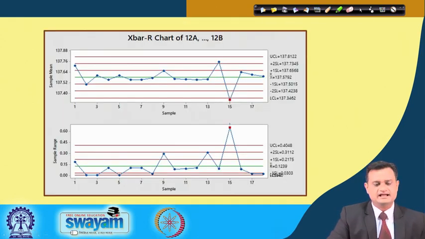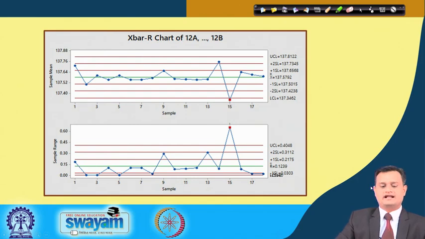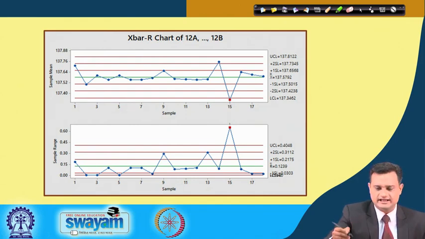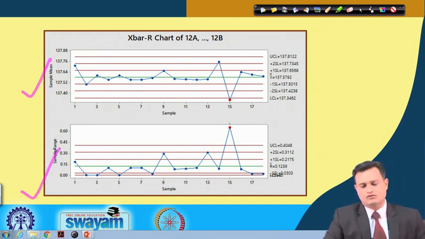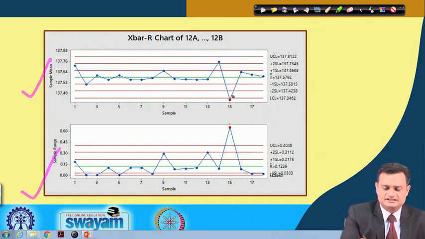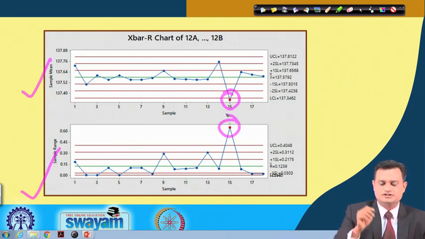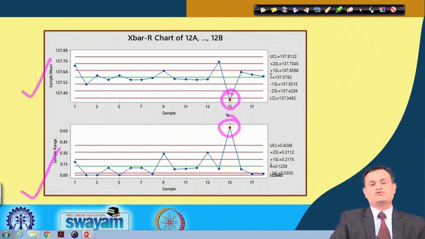Subsequently, I have also plotted the X bar and R chart. So this is my X bar chart, this is my R chart, and what I can see here is that some point on the X bar chart is falling below the lower control limit, and some point on the R chart is falling above the upper control limit.